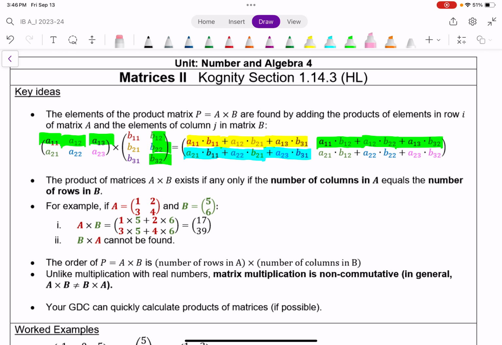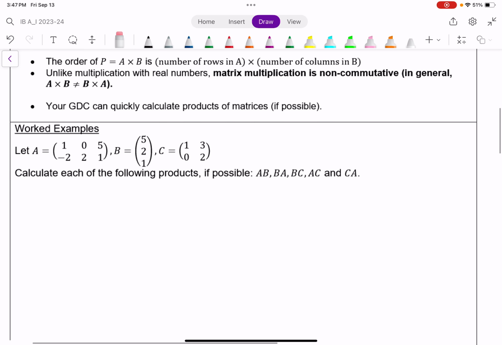And finally, the last one is going to be this element times this element, plus this times this, plus this times this. All those added up. So clearly a lot more to explain. We really need to practice it way more than I can even show in these notes. But let's look at a few examples.